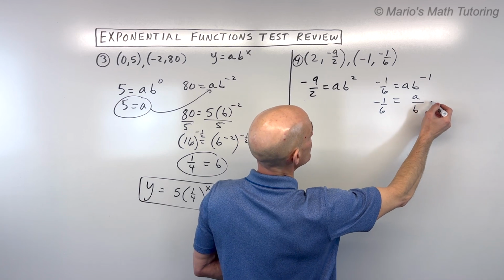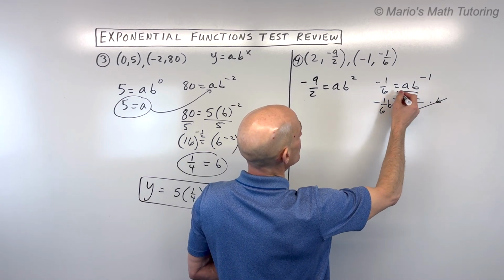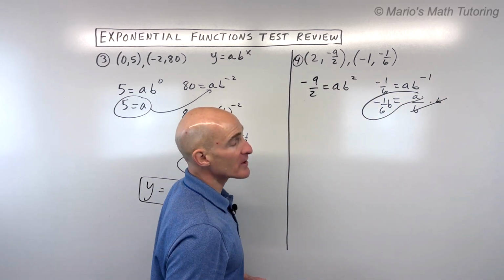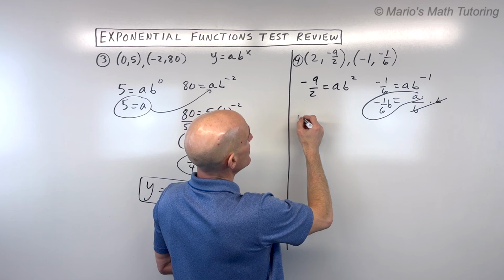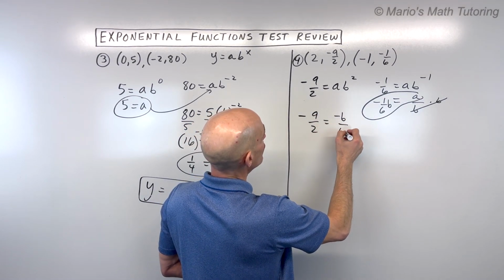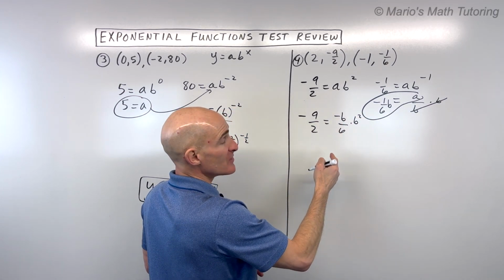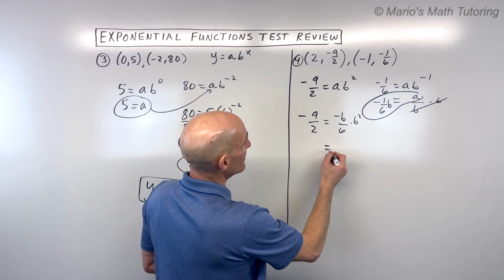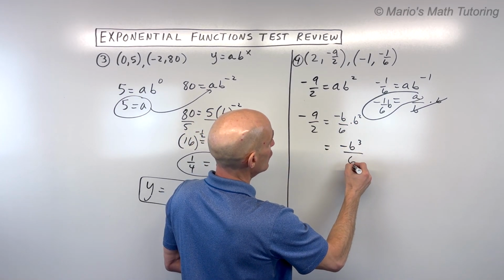If I multiply both sides by b, you can see that a equals negative 1/6 b, or you could say negative b over 6. I'm going to plug that into this equation here, just doing a substitution. So this is negative b over 6 times b squared. 6's and b's kind of look alike, so that was probably not the best choice of numbers, but this was going to give us negative b cubed over 6.